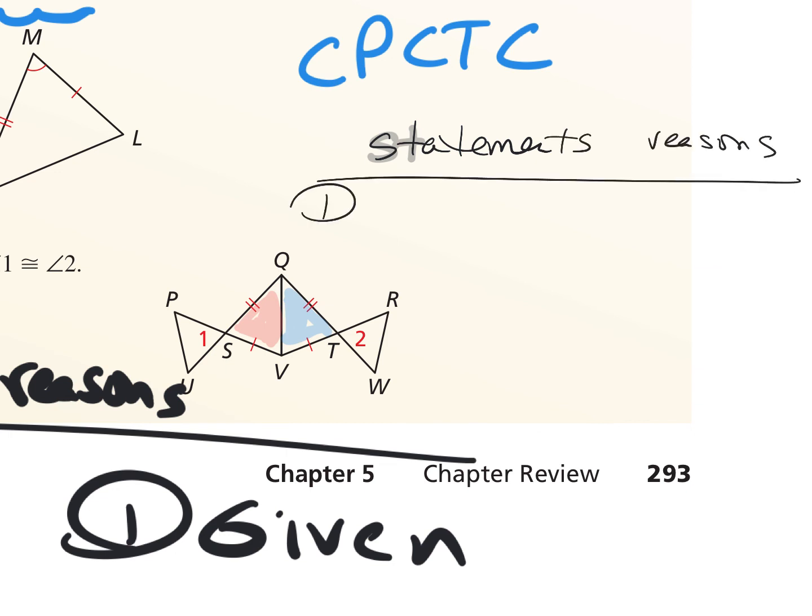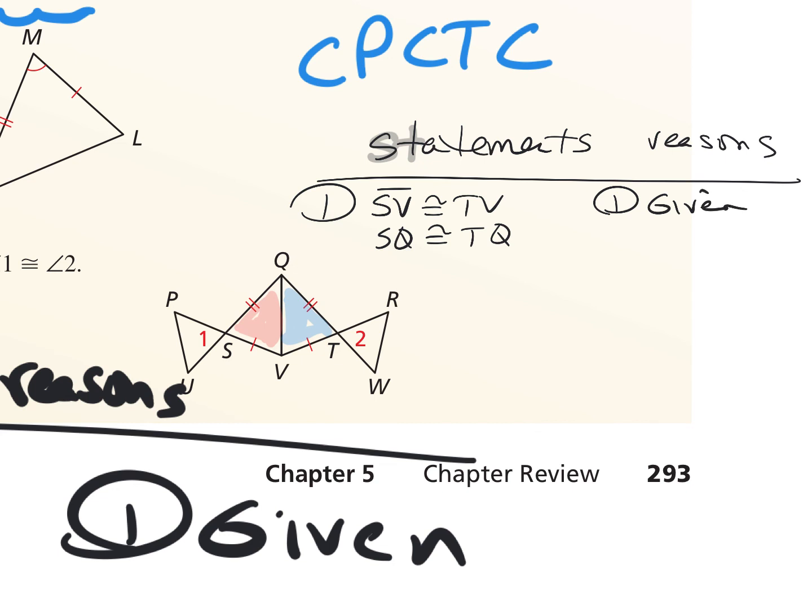So number 1, the given is all these congruency marks. So I can state here that SV is congruent to TV. And I was also given SQ congruent to TQ. And that's what was given to me.